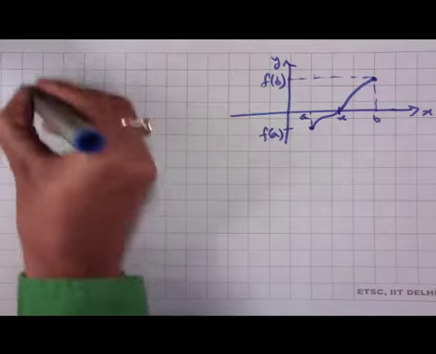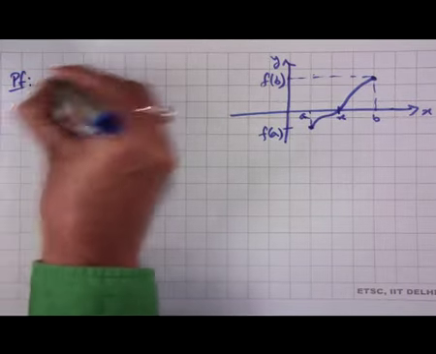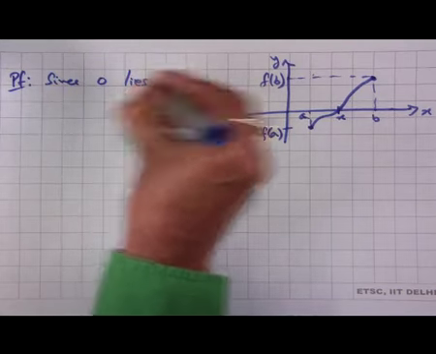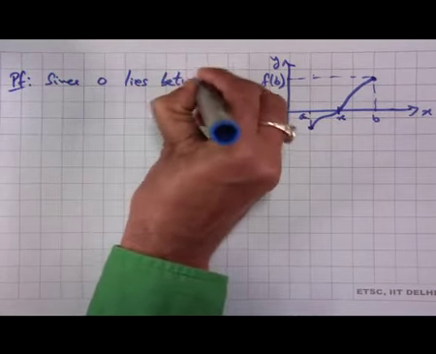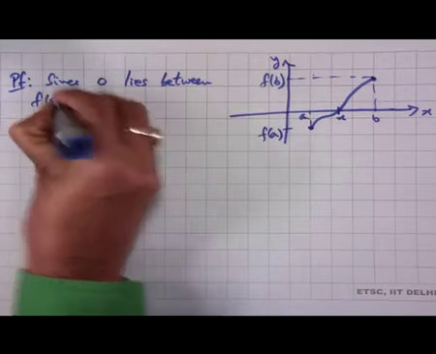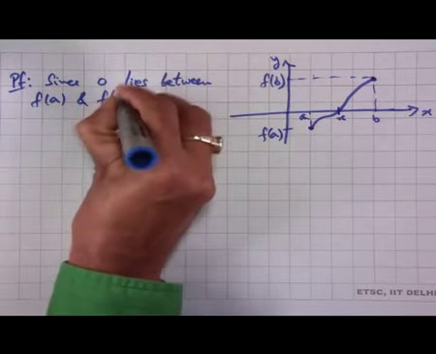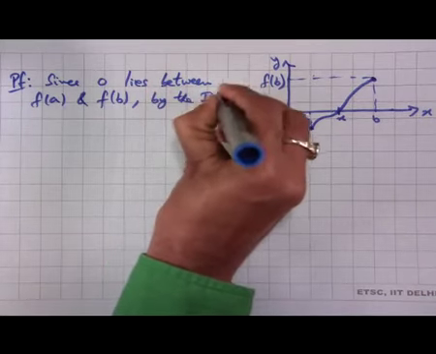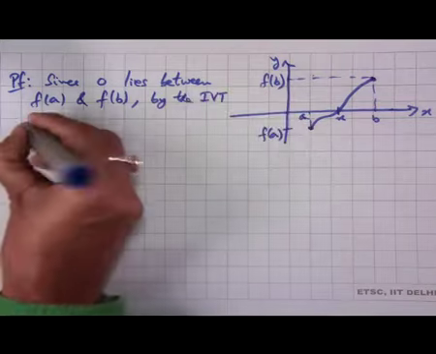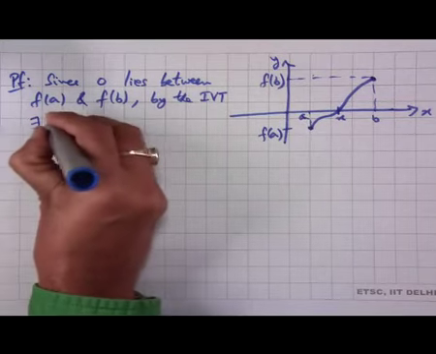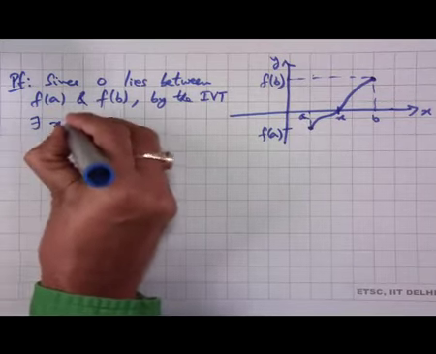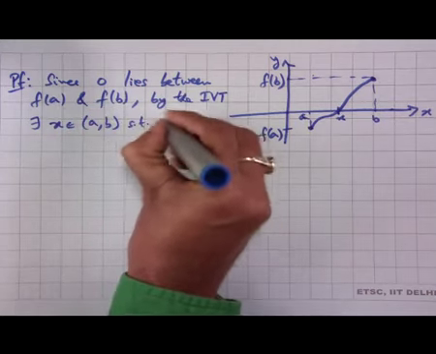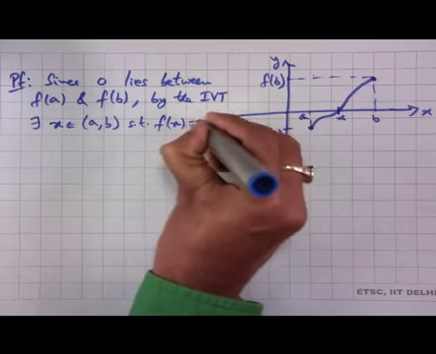So, since 0 lies between f of A and f of B, by the intermediate value theorem, there exists x in (a, b) such that f of x is equal to 0.